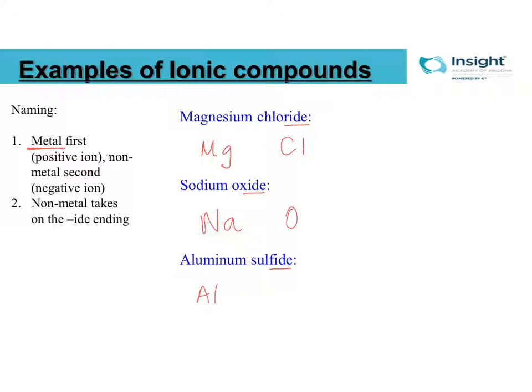Aluminum, we know really easy. And sulfide sounds like sulfur, and sulfur is abbreviated as S. So when it comes to the names, you just write the metal, and that always comes first. And then the nonmetal, you're going to chop off the end and throw on an "-ide" ending, and that comes second.